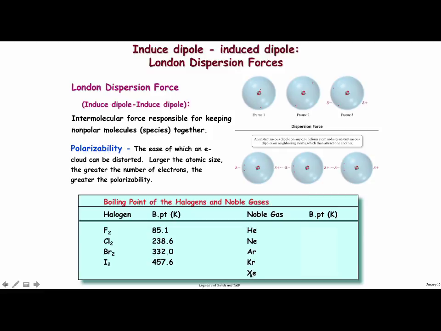Because xenon is more polarizable, its boiling point reflects that. Its boiling point is 166.1 Kelvin versus helium, which is only 4.6 Kelvin, practically 5 degrees above absolute zero.